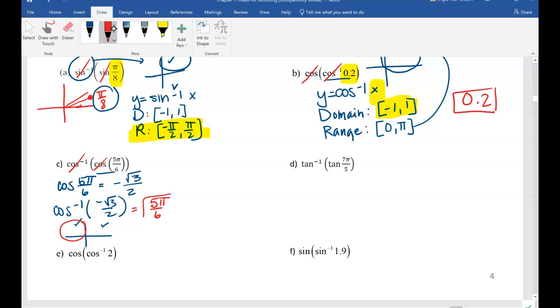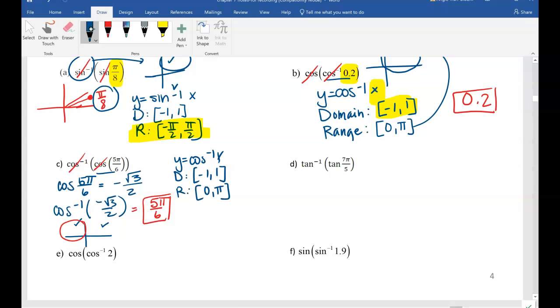Okay, so now let's go back to doing the same thing we did for part A to see if that will allow you to connect the two. Y equals cosine inverse of x, domain -1 and 1, range 0 to pi.